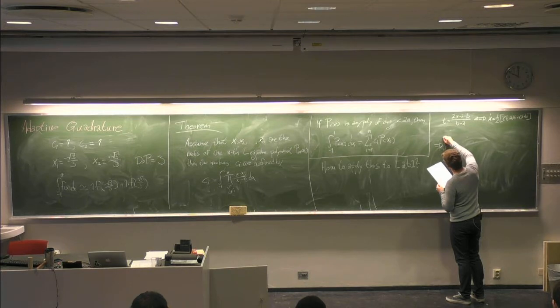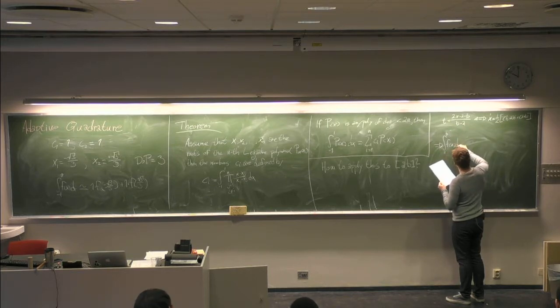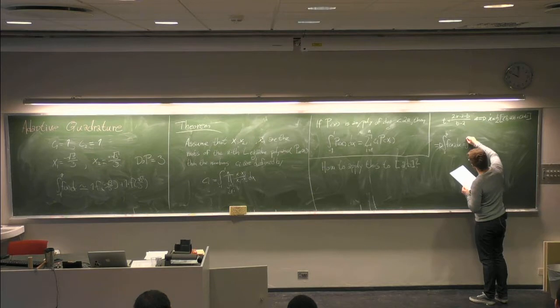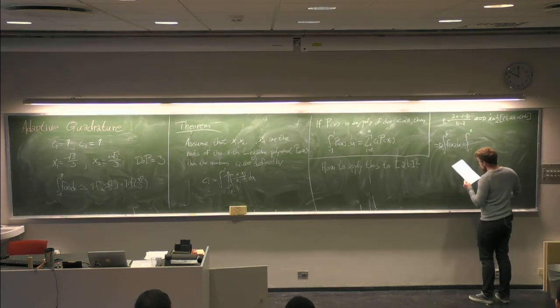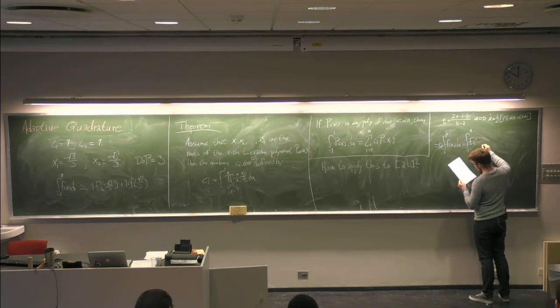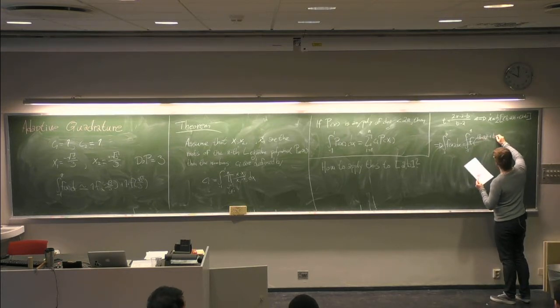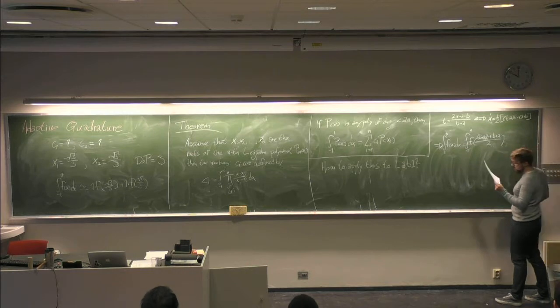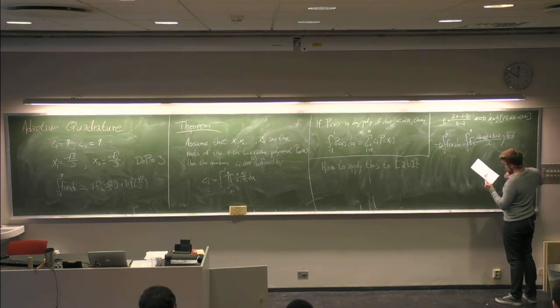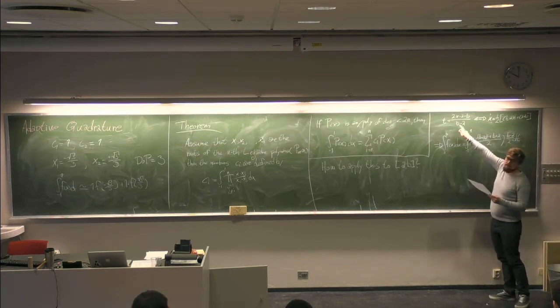Then we have that our integral from a to b of f of x dx is the same as the integral from -1 to 1 of f of ((b minus a) times t plus b plus a) divided by 2, so this is basically just this x that stands up here, times (b minus a) divided by 2, dt, which you get from this.